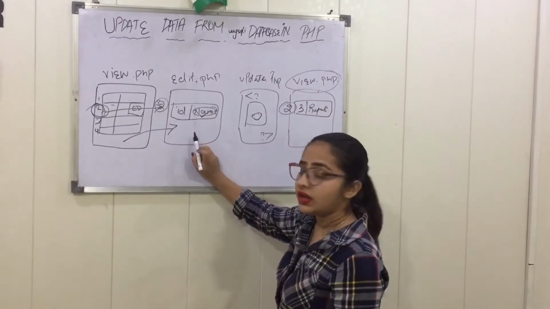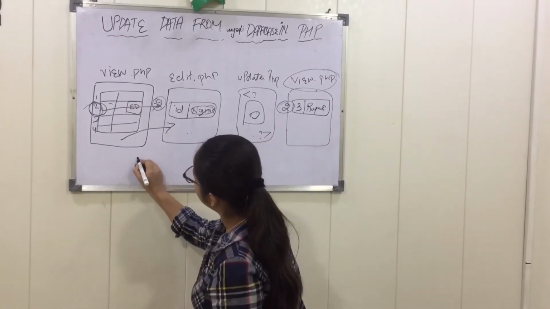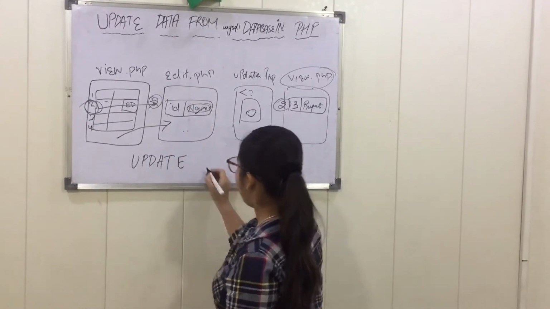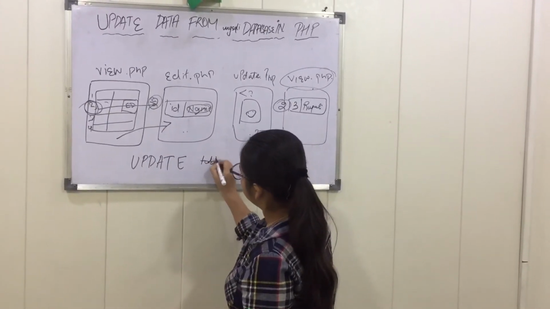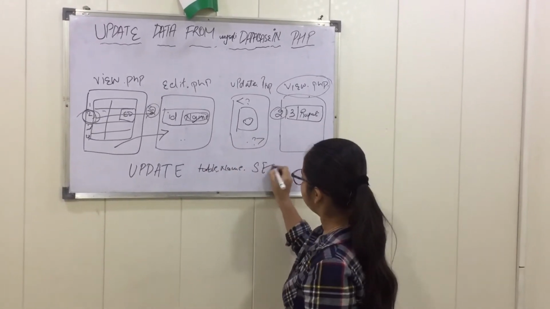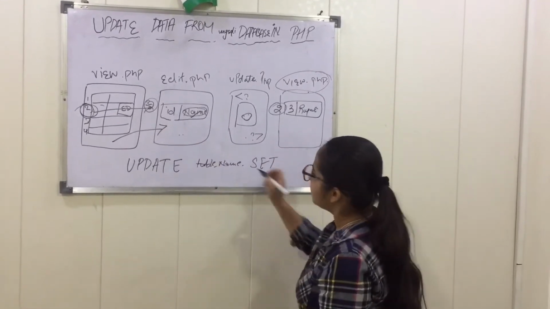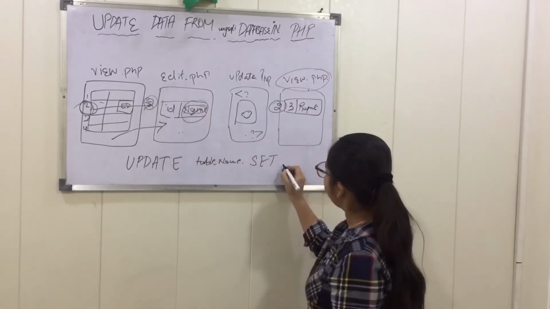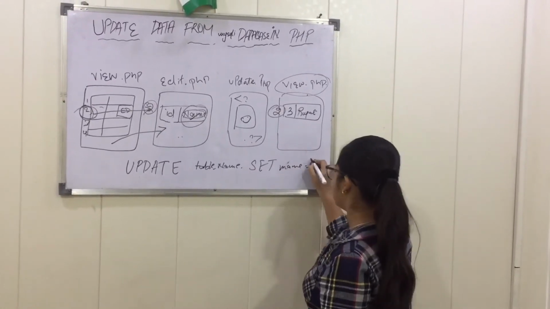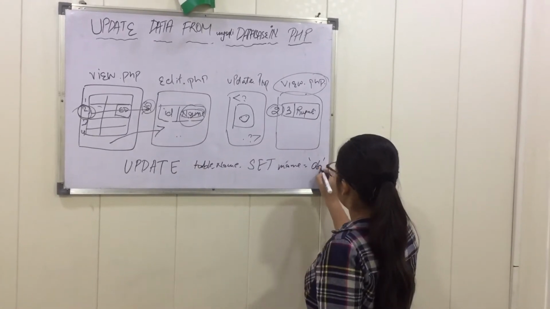In edit we can do the edit with the help of PHP. The syntax is update, after that the table name, after that set, in which I will pass the field which I want to set. Suppose I want to edit my name, so I will write name equals to, in single quotes, AB.